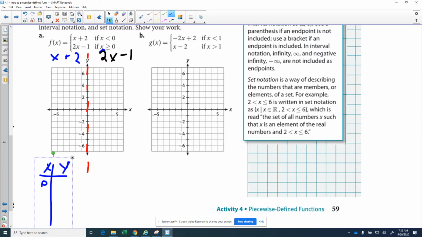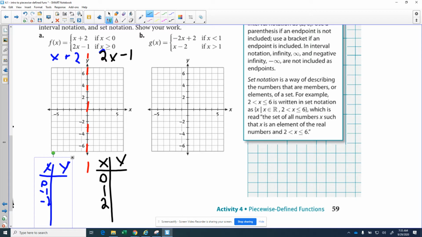Since this one's going left, I want all my negative numbers, -1 and -2. For the other one, the 2x minus 1, same thing: we start at 0, and since we're on the right-hand side, I want all the positive numbers, so I'll go +1, +2.